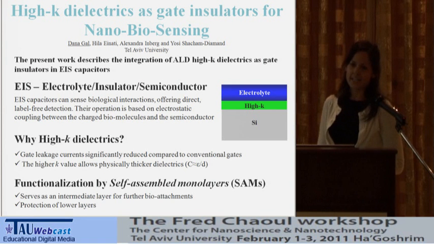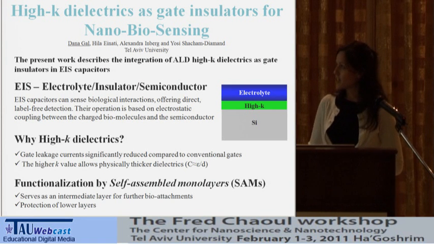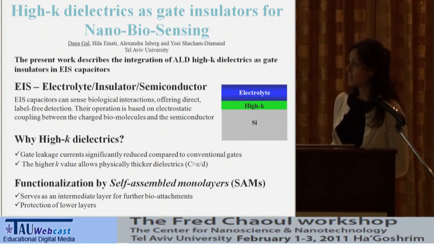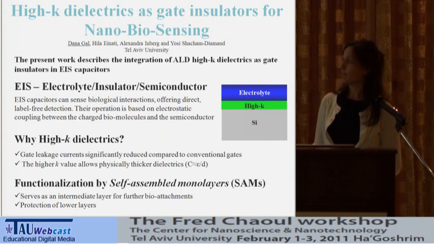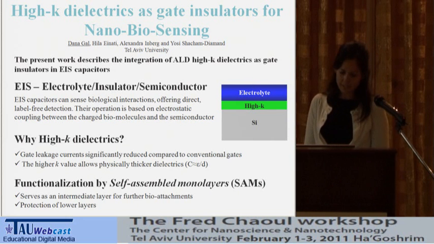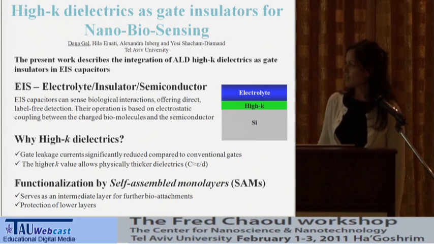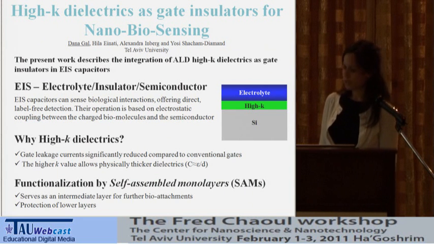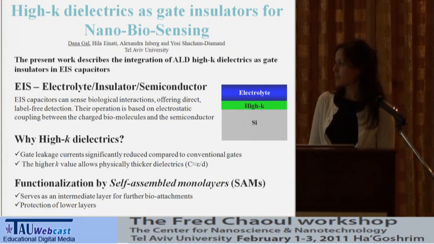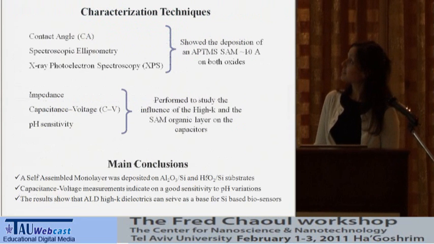Now, why high-K dielectrics? So the main advantages are, first of all, gate leakage currents significantly reduced compared to conventional gates, and also physically thicker dielectrics. Self-assembled monolayers serve as intermediate layers for further bioattachment and also protect the lower layers.